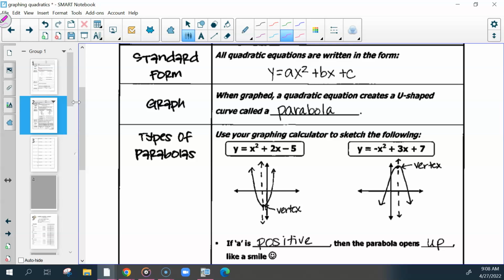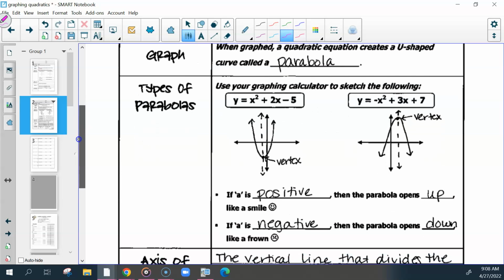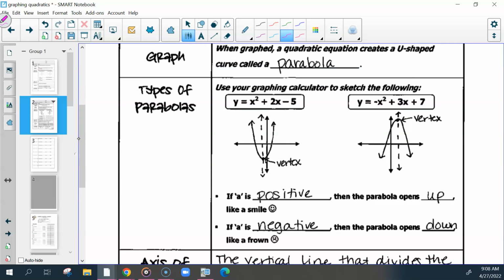That U shape is called a parabola. Parabola. Yes. You can draw these rough sketches. If the a value, the number in front of x squared, is positive, your parabola will face up. If it is negative, it will face down.